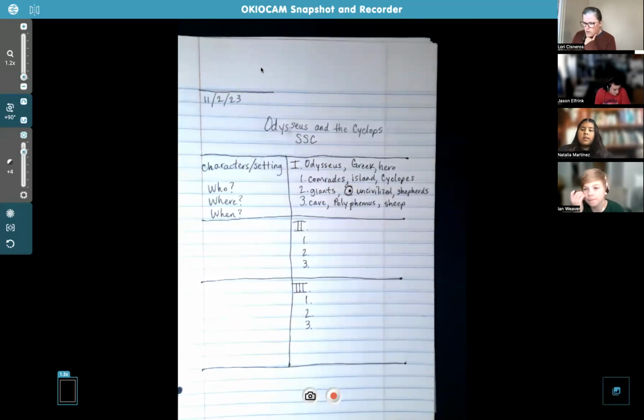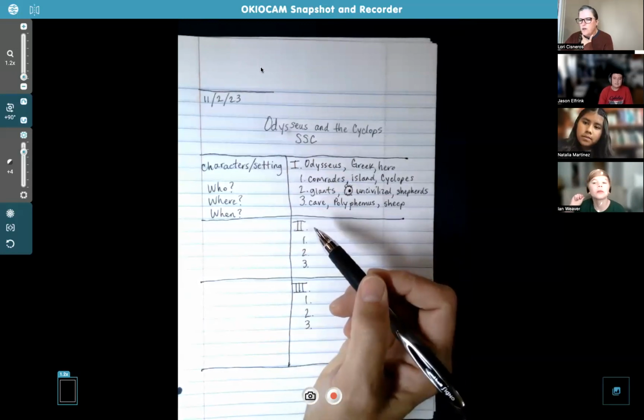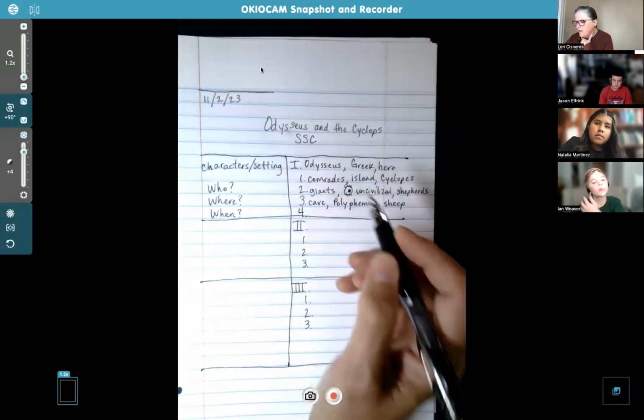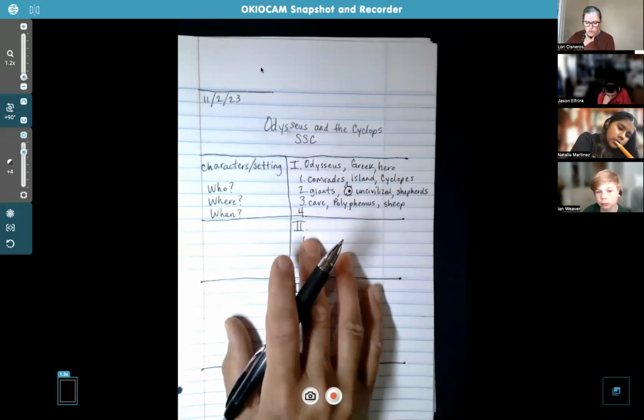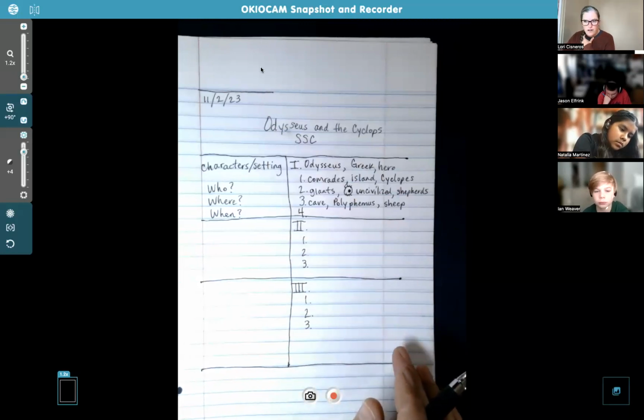So then we're done with number 3 here, but there's a little bit more that I want to put here. That's why we left a space. I actually want you to put a number 4 here. So squeeze in number 4, because a little bit more happens before we move into the next part of the story. They're inside this cave, and remember, Polyphemus builds a fire.